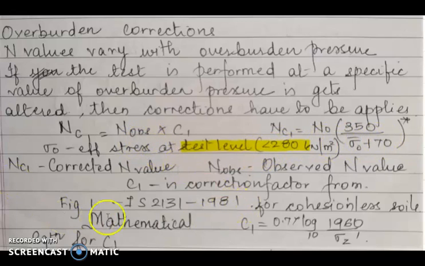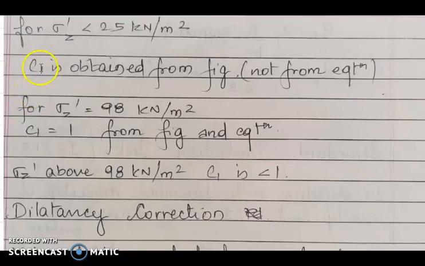Then for cohesionless soil, we usually go for this particular correction factor also. So you can find out in this way, and in this way also, and relate both the values. Now, when sigma z, that is effective overburden, is less than 25 kilonewton per meter square, C1 will be obtained from the figure, not from the equation.